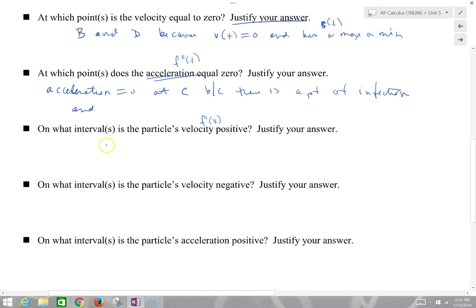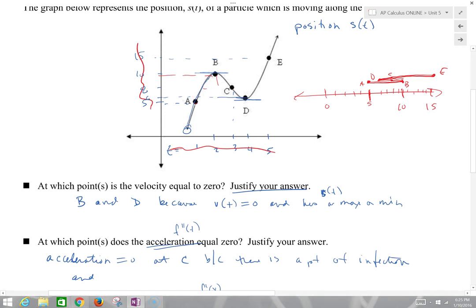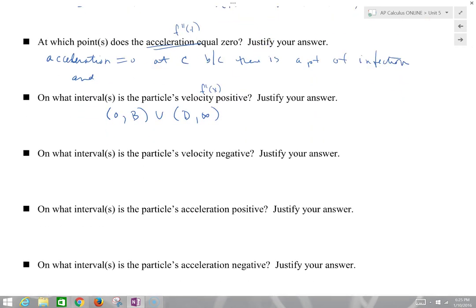It's going to be from 0 to where our maximum was, to B, and also from D to infinity, because at D it turns around again and is moving in the positive direction. And how do we know this? Because s of t is increasing.